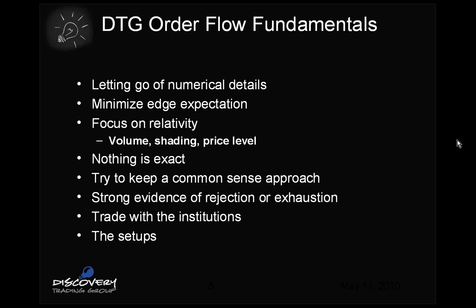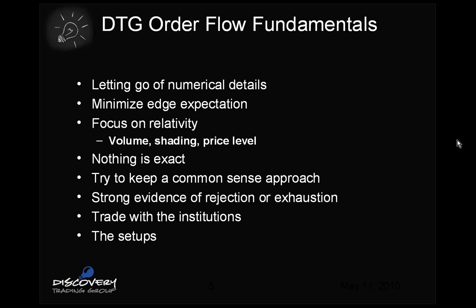So the first thing is numerical details. What I mean by numerical details is the individual numbers for the bid or the ask volume. When we're talking about relativity between prices, if you're trying to look for failures or exhaustion where volume is building up at a price and you're considering fading it, you really just need to look at it in a general sense.